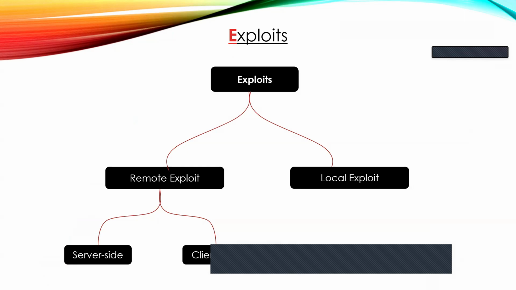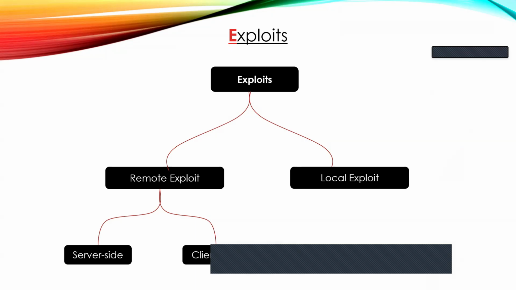We don't need any kind of prior access, and we don't need any physical access to that system. Here we are remotely exploiting the target. So how? I'll tell you now. We have server side exploitation and client side exploitation. Server side means that by taking advantage of a vulnerability present in the system, we exploit the target.